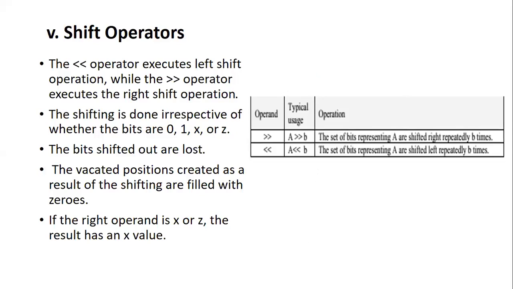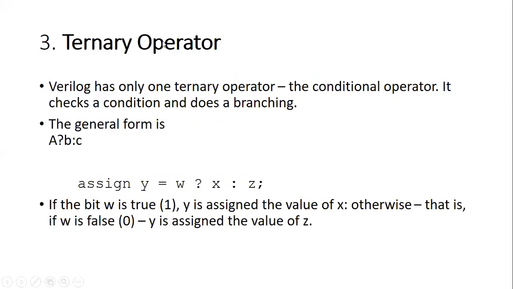The next operator we have is the ternary operator. Now the ternary operator operates on 3 variables. We can see I have the first variable over here, w, the second variable x, and the third variable z. I have 2 operators over here, question mark and colon. Now how does this ternary operator work?